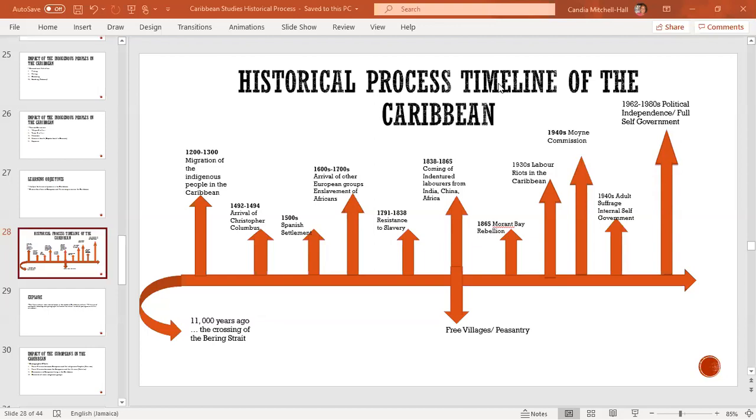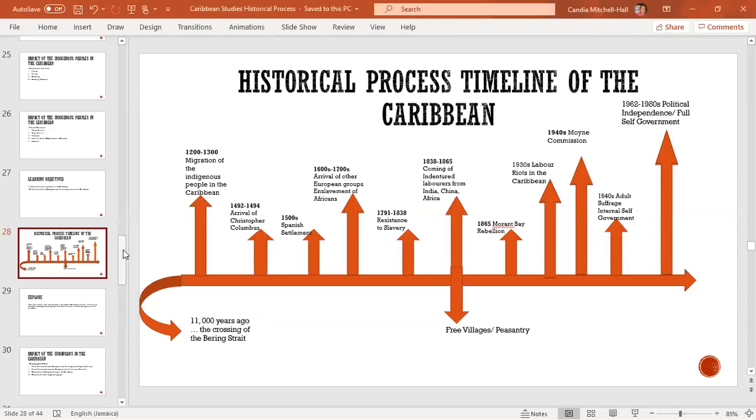After a period of time, the Kalinagos or the Garifunas had a big war with the Europeans. The Europeans expelled them to mainland Central America, and so they would have lived in Belize, Honduras, along that area. And so today, we have Garifuna living in Belize, and also some would have returned back to St. Vincent. All right.